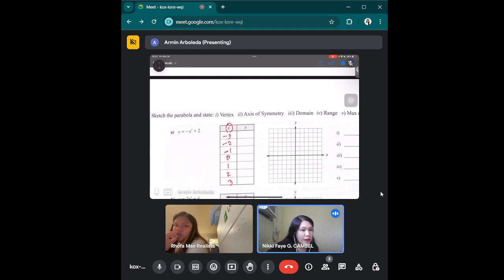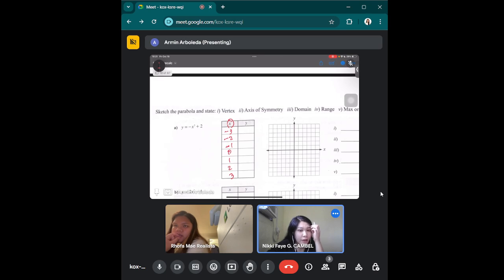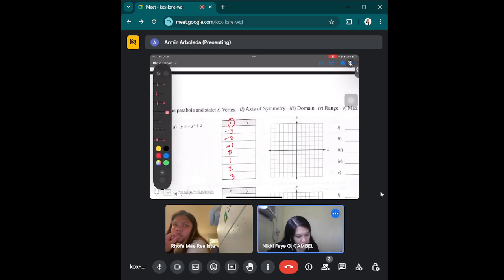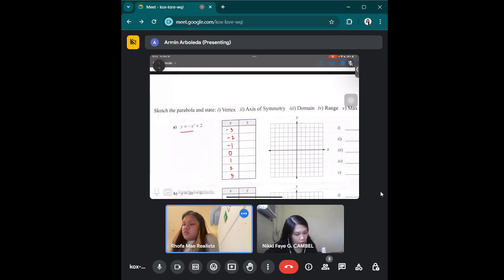Kaya mag-ready lang tayo na i-adjust yung x values natin. So this is kind of like a trial and error. Pag lagpas tayo sa graph, change natin yung x natin. But let's stick lang sa ating, ikaw yung mag-give ng x values natin. So let's just try for letter A, negative 3, 2, 1, 0, 1, 2, and 3. Can you give me the y values by entering this equation?